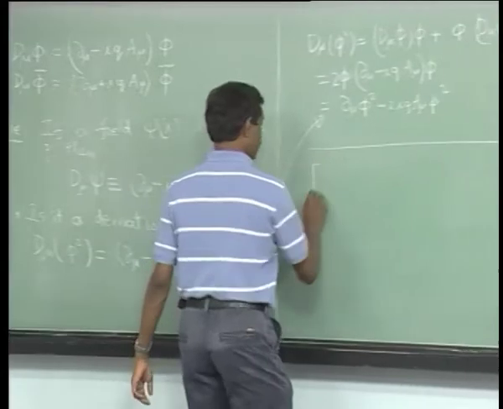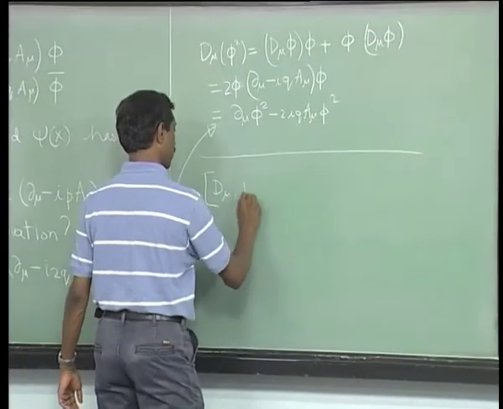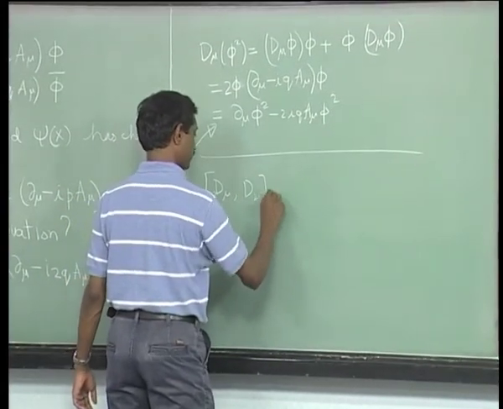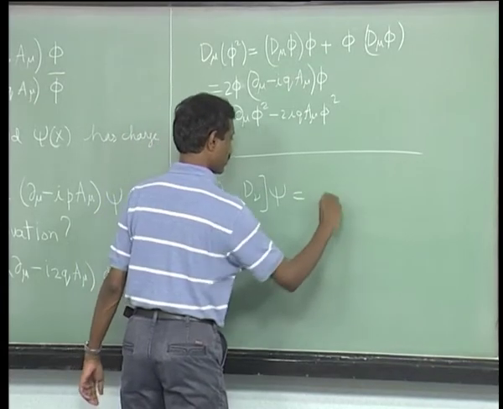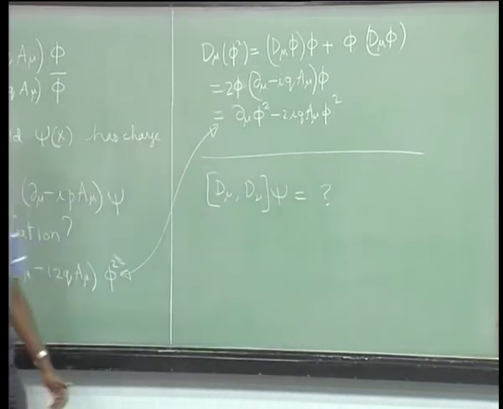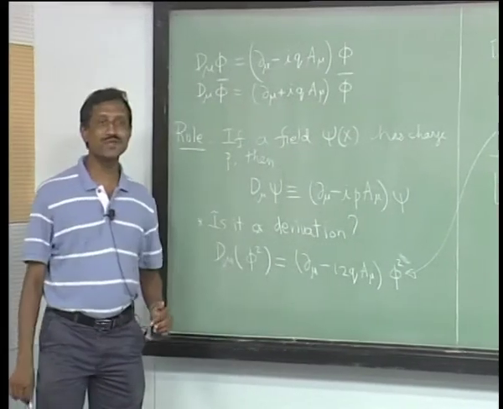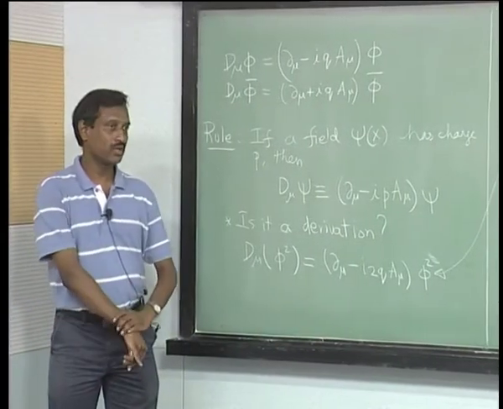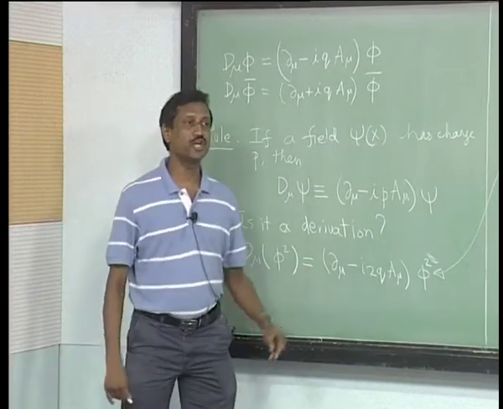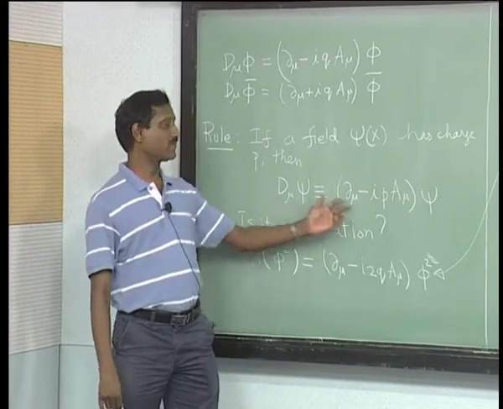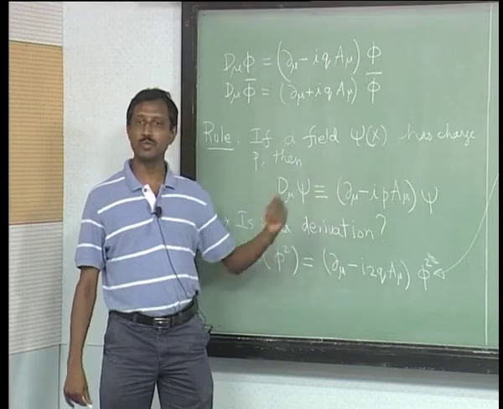What I want to compute is the following object. So, the question is what should this be? Of course, there is one situation where it would be 0, that is when psi has charge 0, then it becomes the ordinary derivative and we expect things to commute.